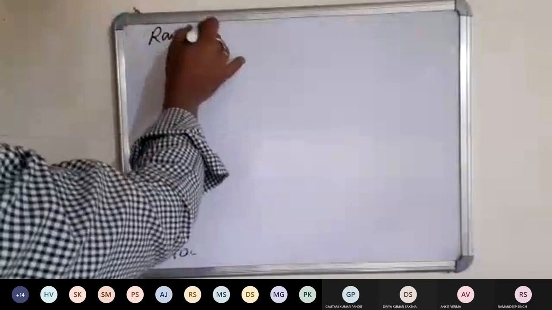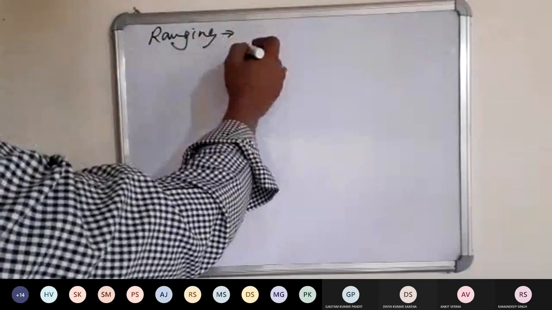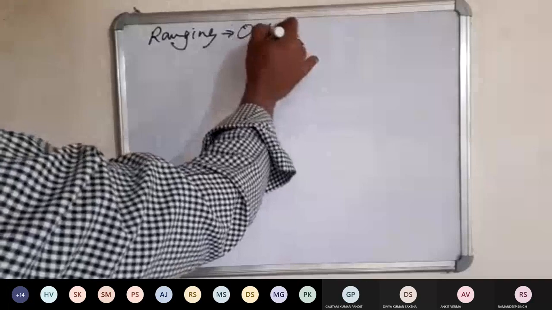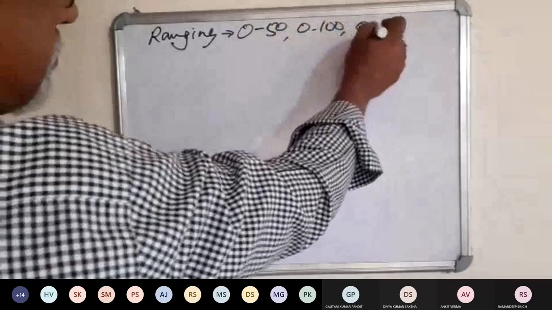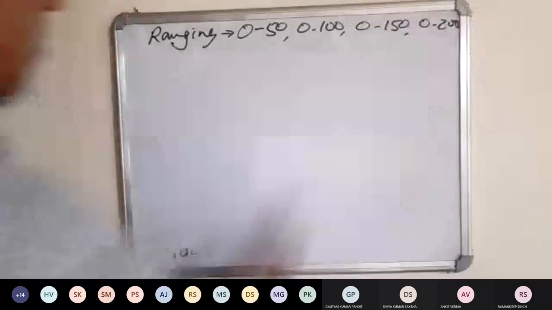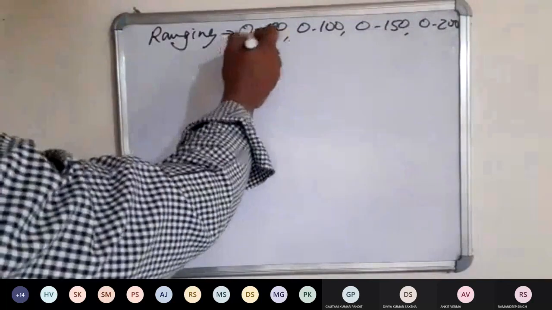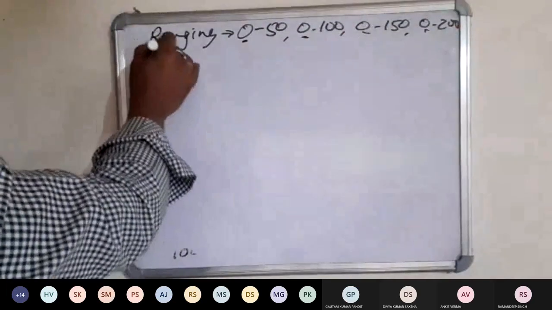So in normal ranging you saw that the range scale was always starting at 0. But in phasing, what happens?